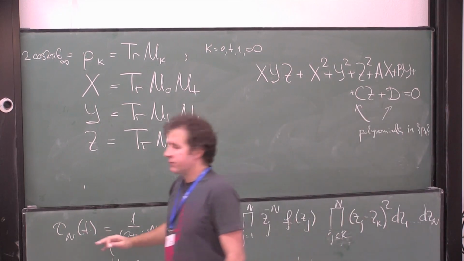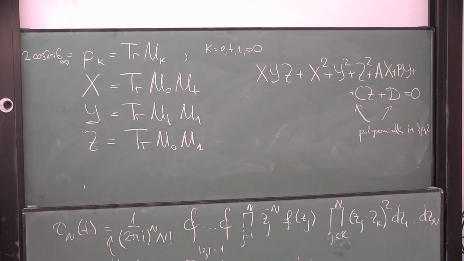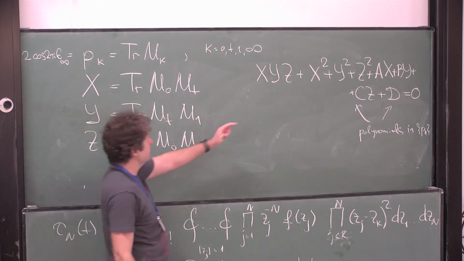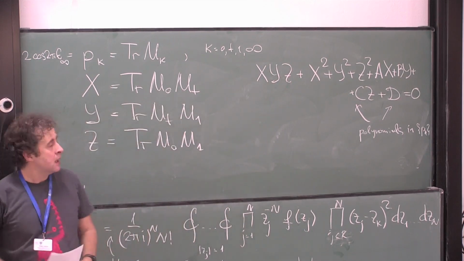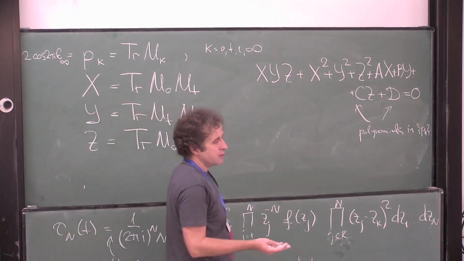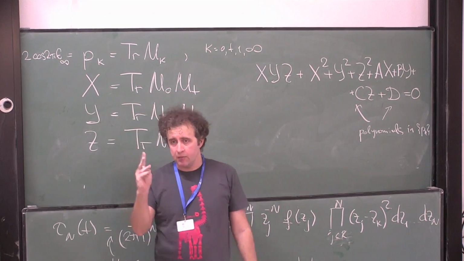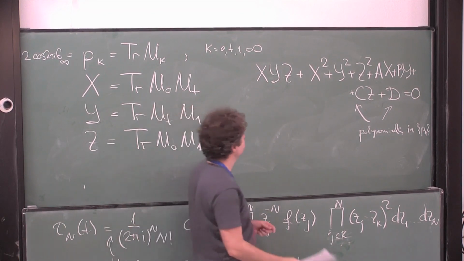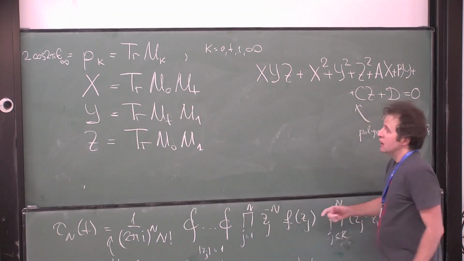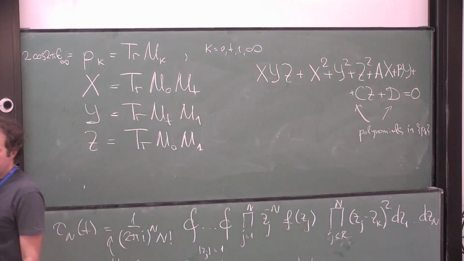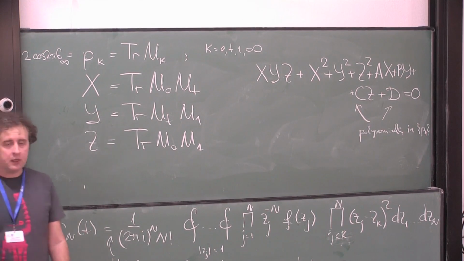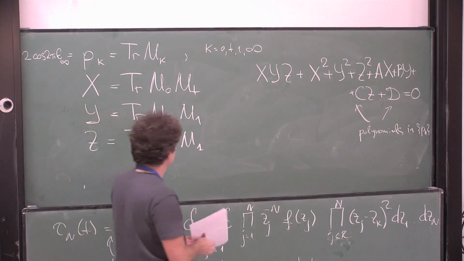The explicit form is not so important for us, but you see that we have in fact 2 independent trace functions, and in principle, given a couple of trace functions, we can express our monodromy matrices in a unique way up to conjugation.